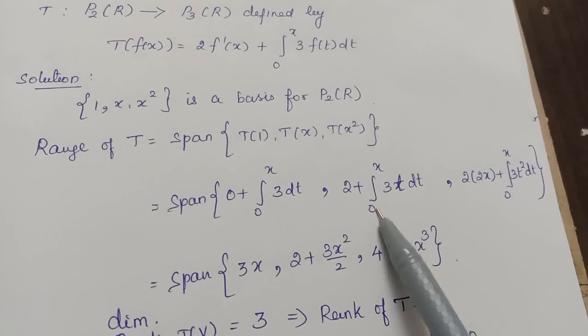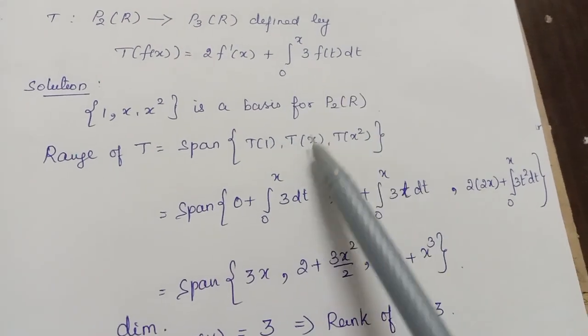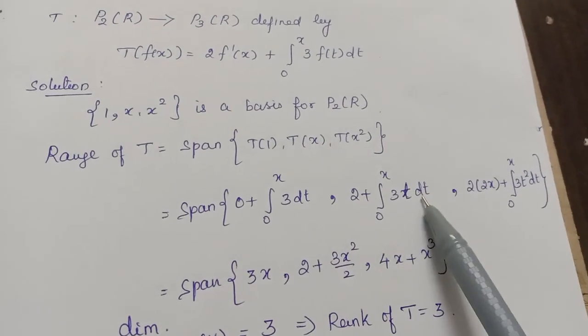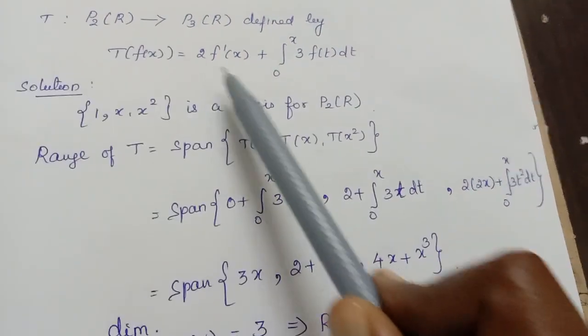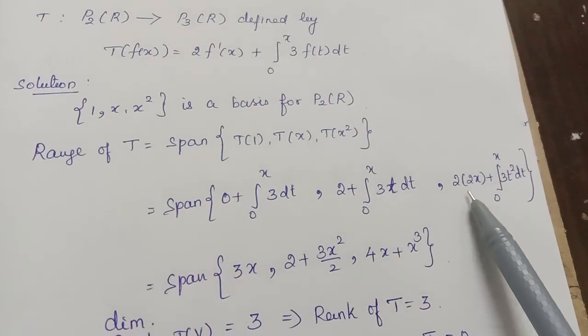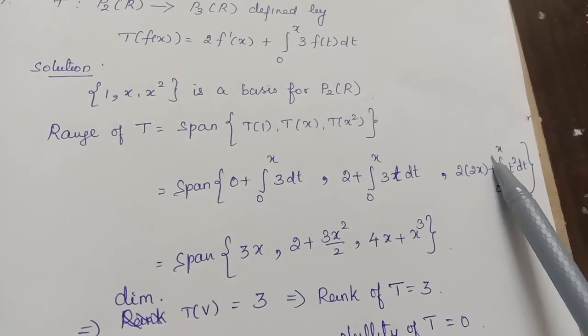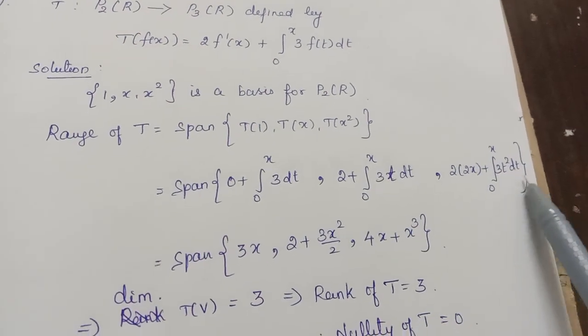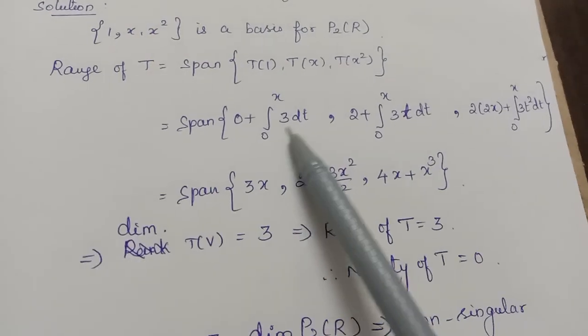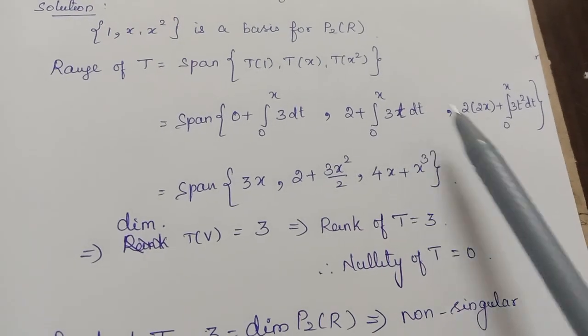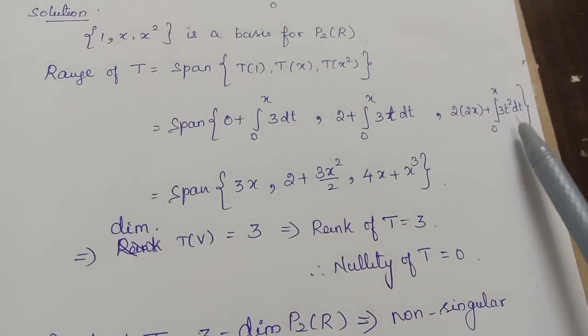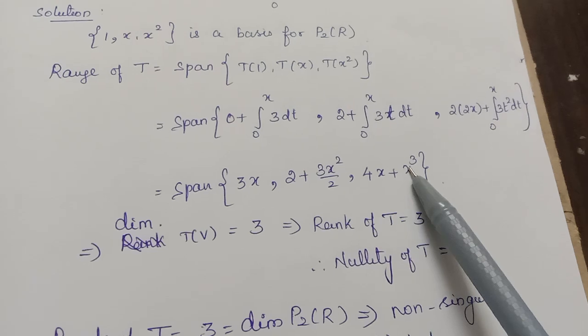So 2 plus integral 0 to x 3 into t dt. Comma, here 2 into the differentiation of x square is 2x. So 2 into 2x plus integral 0 to x 3 into t square dt. So here it will be 3x, here it will be 3x square by 2, here it will be 3x cube by 3. So it will be simply x cube.